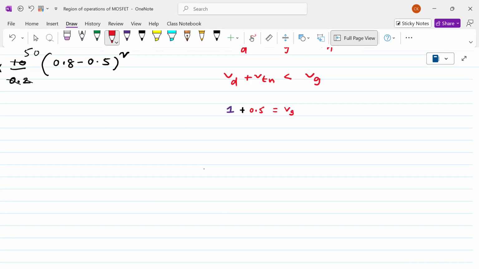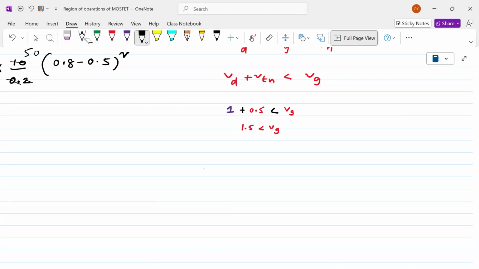Therefore, what is the value? Minimum 1.5. So it should be greater than that. That means if you maintain the VG value at a minimum of 1.5, then definitely you will enter into the linear region. If it is more than 1.5, that is absolutely fine.